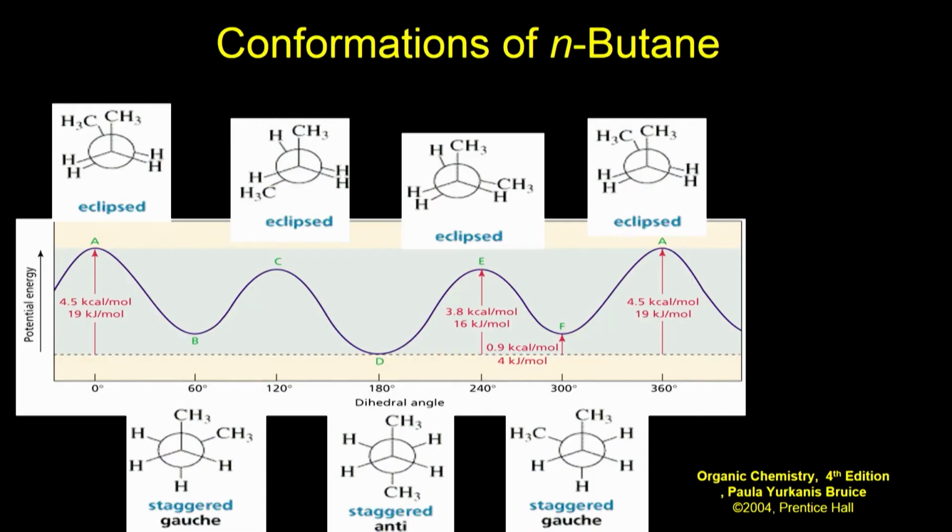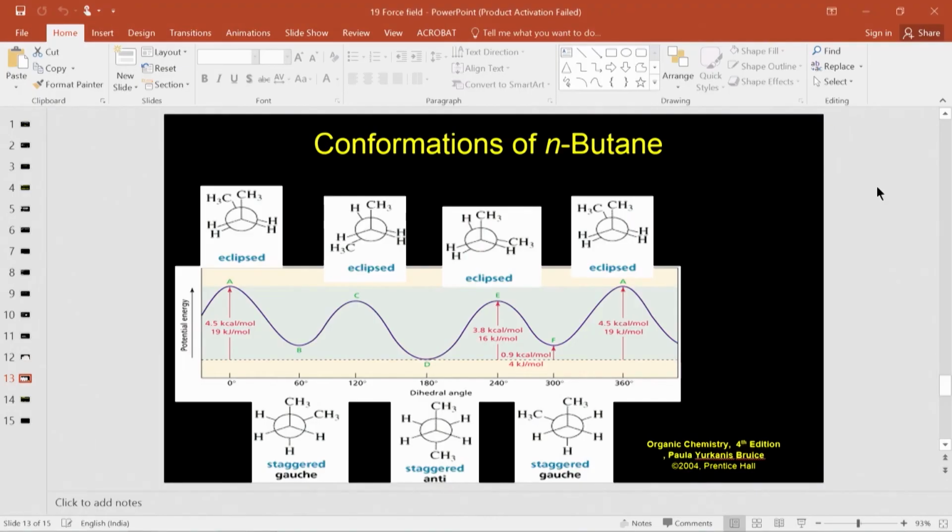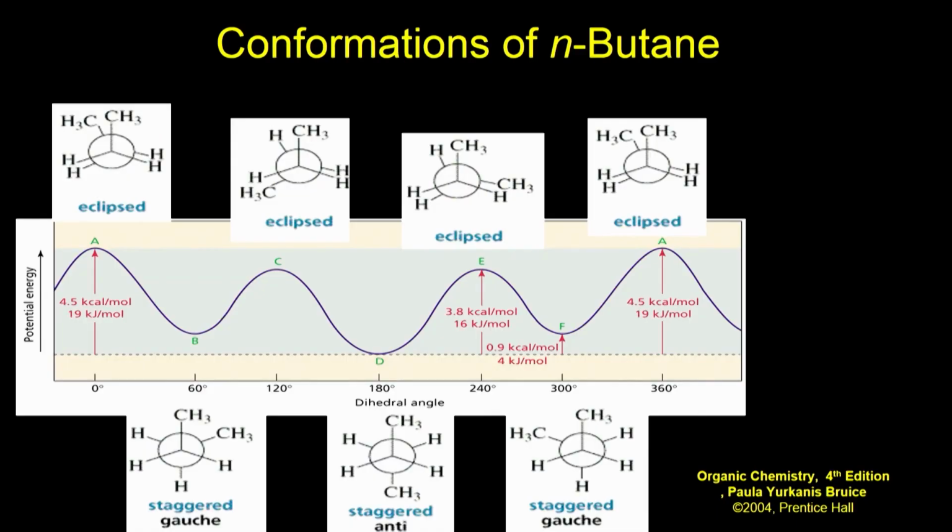Let us look at butane, n-butane. As you know, n-butane has 4 carbons: 1, 2, 3, 4. So, we have CH3, CH2, CH2, CH3. It takes different conformations: staggered, gauche, eclipsed.